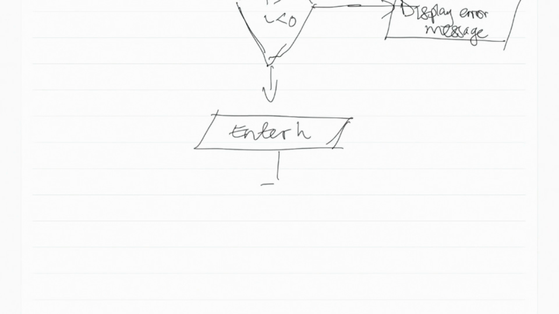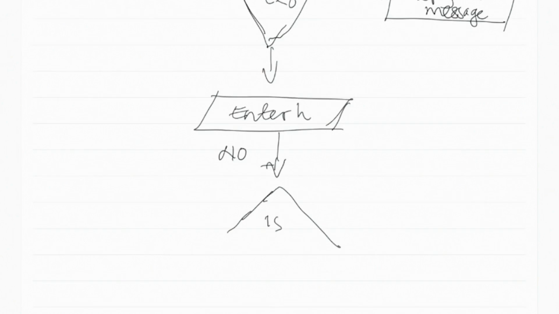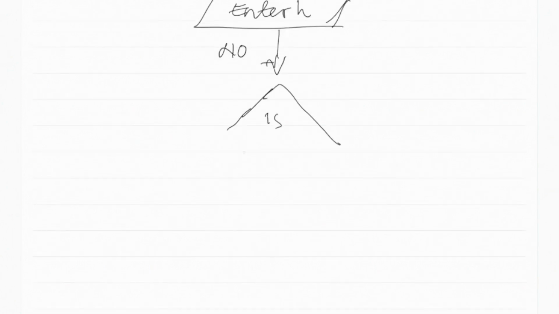We have entered H. Is H less than 0? Here we are saying no. And then the decision to be made here is, H less than 0. If not, what action are we going to make?